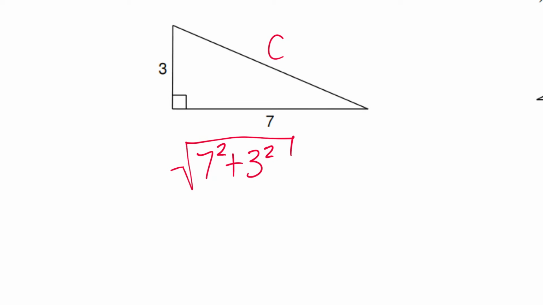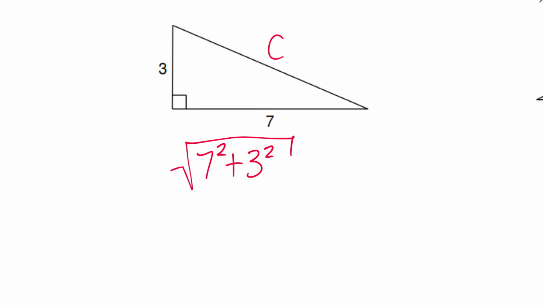And remember, that's just like the shortcut of the Pythagorean Theorem. And so the square root of 7 squared plus 3 squared is what? Yeah, you didn't put the square root over it.